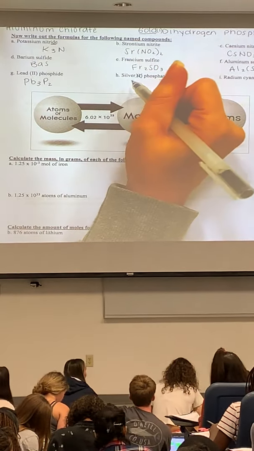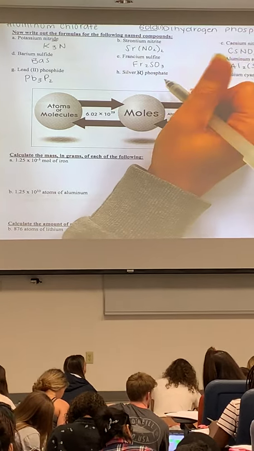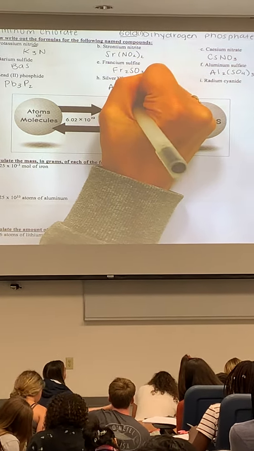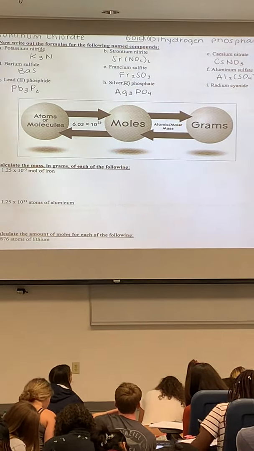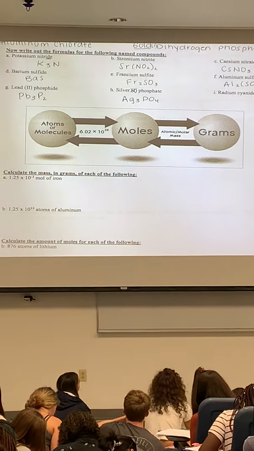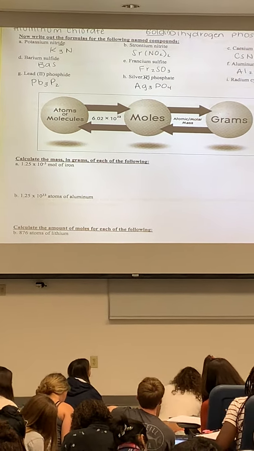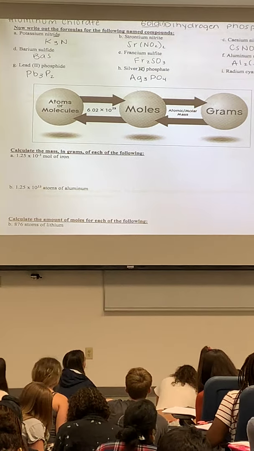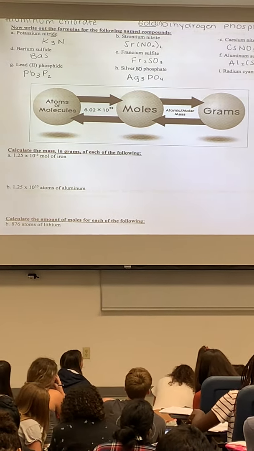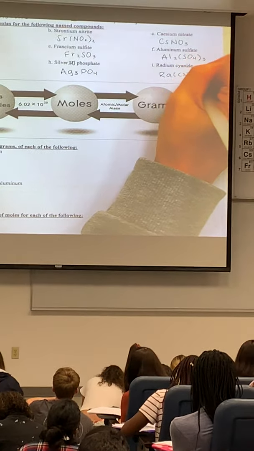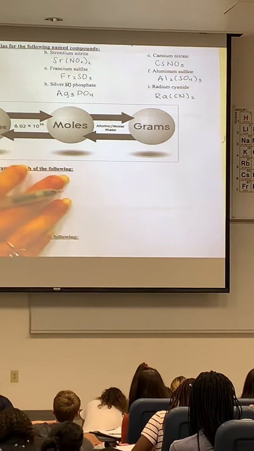So silver is Ag+, phosphate is PO4 3-, so this is going to be Ag3PO4. And then radium cyanide. Radium is in the second group in the periodic table, so it's Ra2+. Cyanide is one of your polyatomic ions. Which one is it? CN-. So this is going to be Ra(CN)2, with a 2 on the outside.